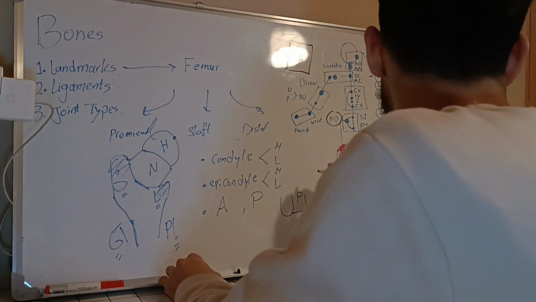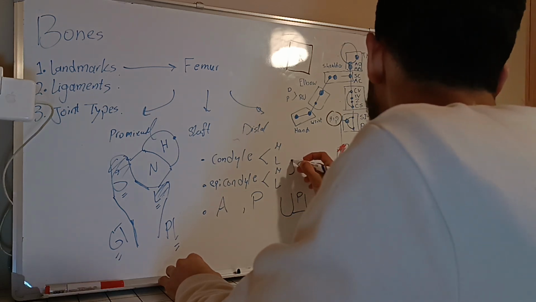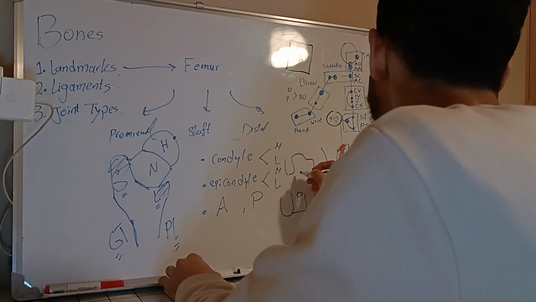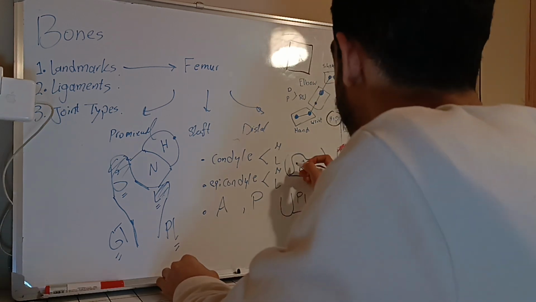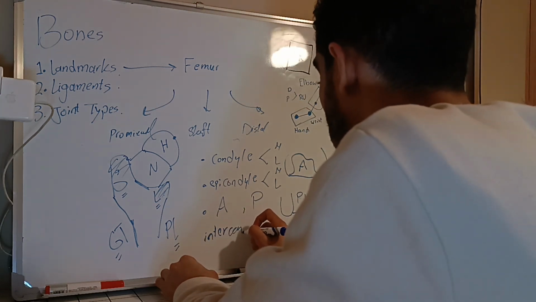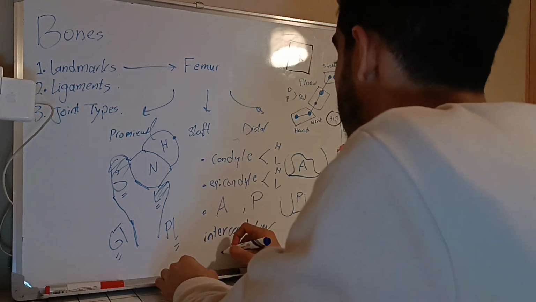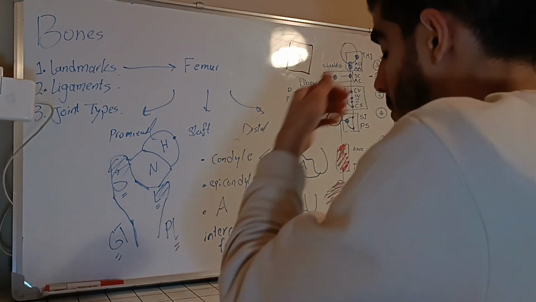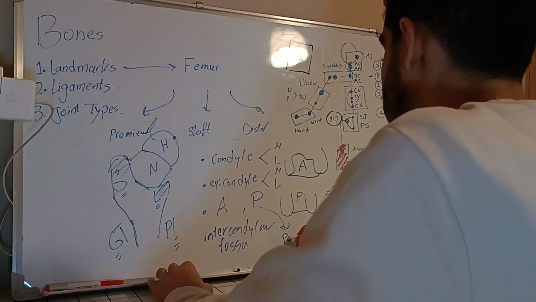The anterior. So the anterior part, we can have the intercondylar fossa. But the posterior part, we're going to have the patellar surface.